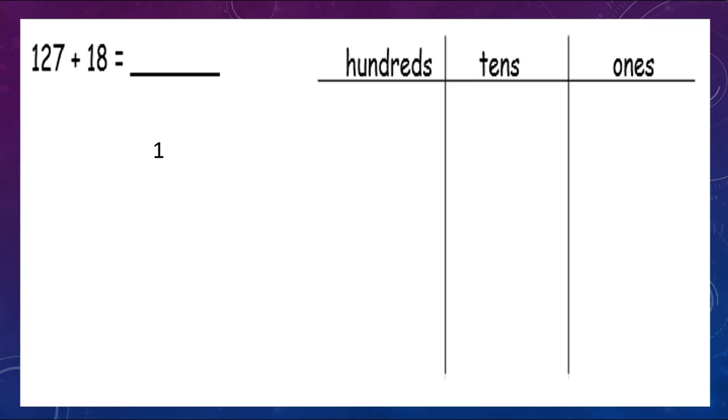Okay, so we are doing the same thing as we did yesterday. We are just reviewing here. So we have 3-digit numbers and 2-digit numbers that we are adding together. And we can use our number disc or our place value disc to help us solve also.